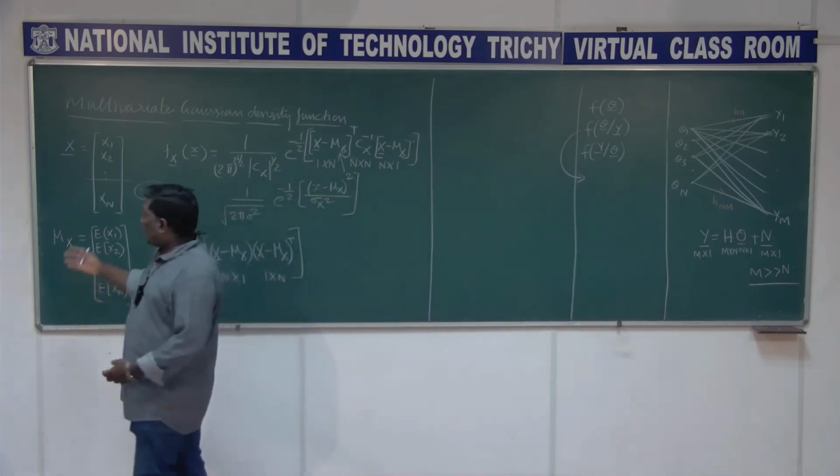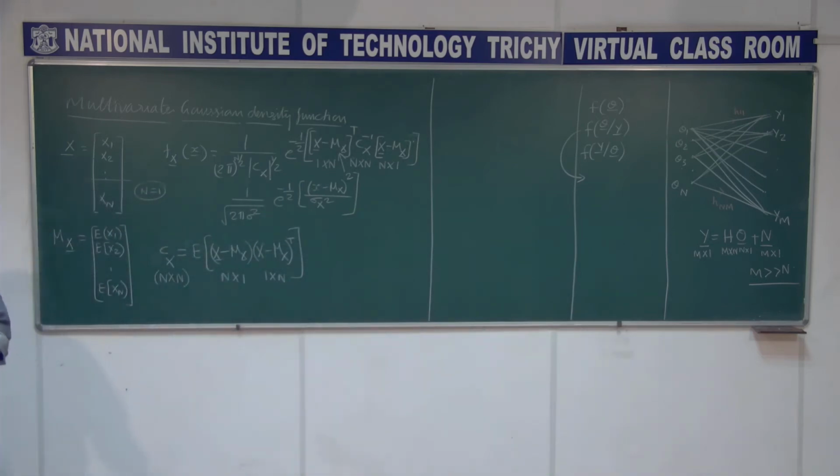But we are interested in knowing this: the multivariate Gaussian density function. Here we are talking about the conditional density function of theta given y. For the theta vector associated with the transmitter, we do not know how it is distributed.